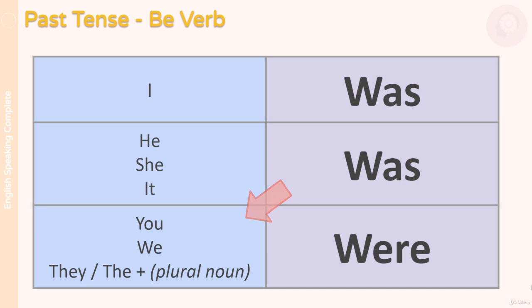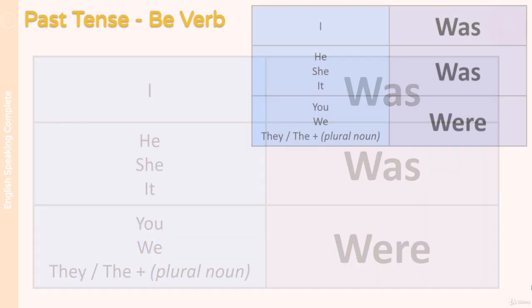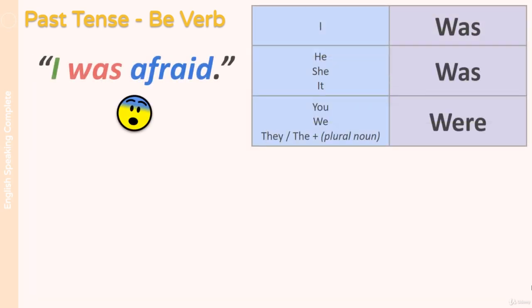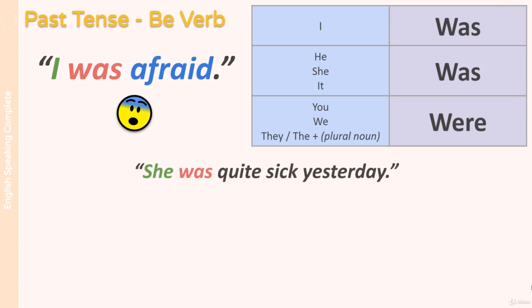Let's look at some examples of this. I was afraid. That's just a simple example. I is the subject, and here we have the verb was and afraid. This is my object of sorts in this sentence. She was quite sick yesterday.